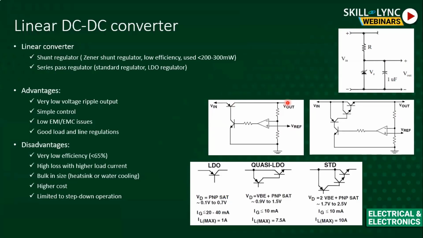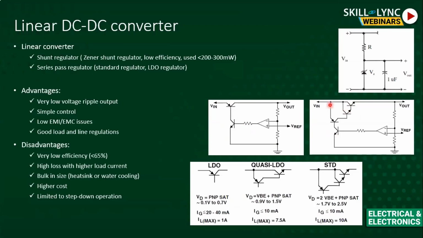There are also different types, LDO and standard regulator. LDO is basically used to reduce the voltage drop in the line, but that does not come for free because it has a higher base current, which means higher ground current. There is another topology, the totem pole topology, where the base current is reduced.